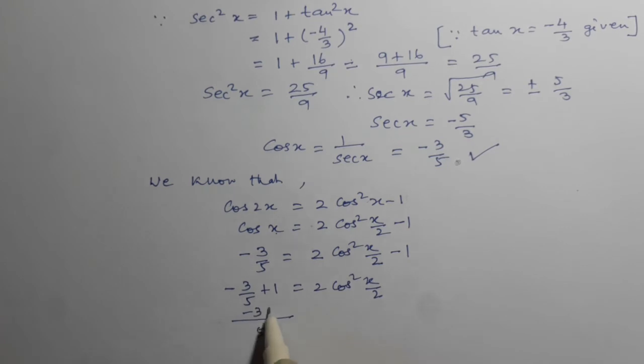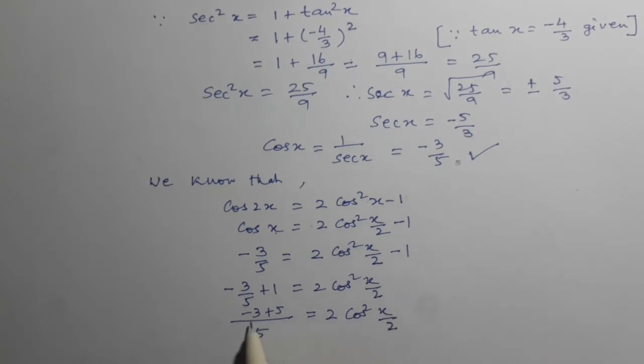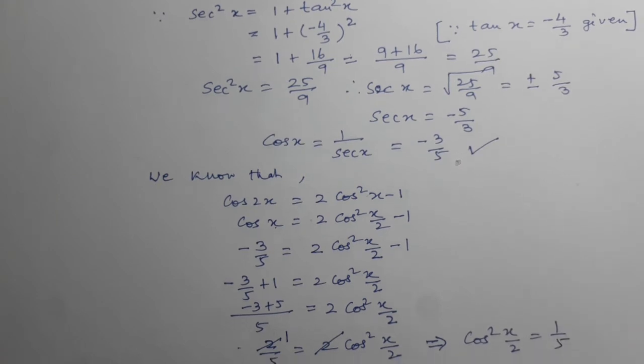It will be minus 3 plus 5 will be 2 cos square x by 2. It will be 2 by 5 equal to 2 cos square x by 2. This 2 and this 2 will be cancelled, so it will be 1 by 5. So we can write cos square x by 2 will be 1 by 5.